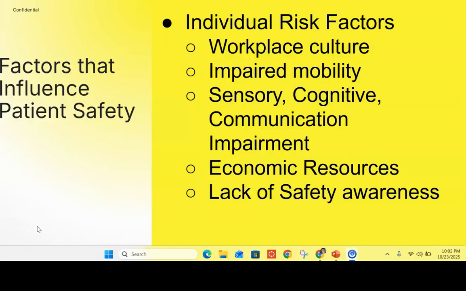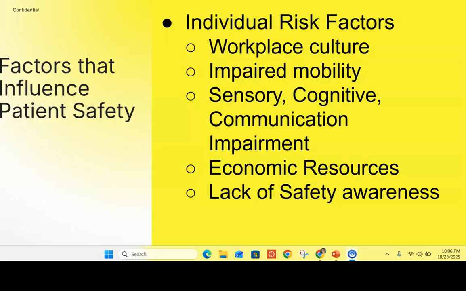Impaired mobility, so risk factors include muscle weakness, paralysis, abnormal gait, poor coordination, balance issues, falls, injuries. Sensory, cognitive, and communication impairments include cognitive impairments from dementia, delirium, and depression, which can alter concentration and lead to orientation changes, leading to falls and burns.